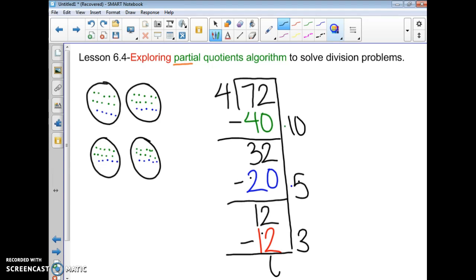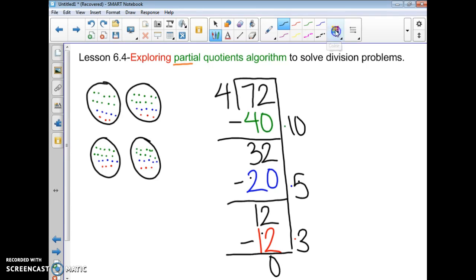After you pull them into the 3 parts, there is 0 remainder in this case. The 12 divided into the 4 groups looks like this: 1, 2, 3, 4, 5, 6, 7, 8, 9, 10, 11, 12. And that's my three red dots, and that's the 3 that I came up with as my partial quotient.